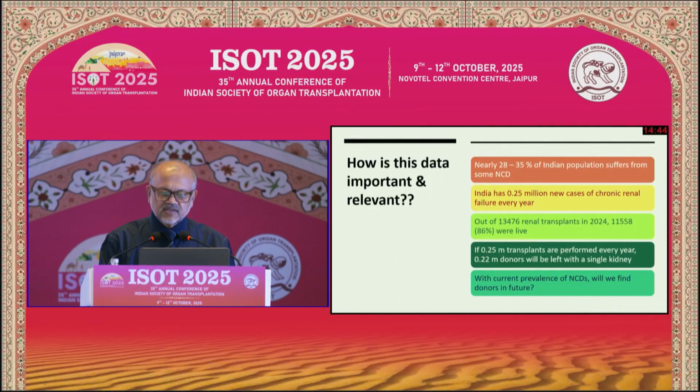And if we perform 0.25 million transplants every year, as it is proposed, to transplant all patients of renal failure, we'll end up leaving about 0.22 million donors with a single kidney. So with the current prevalence of NCDs, will we find donors in future, in terms of healthy individuals who don't have NCDs, or in terms of people who have already donated? So it's important that you think in terms of treating and preventing NCDs, preventing failures, rather than just talking of transplants.